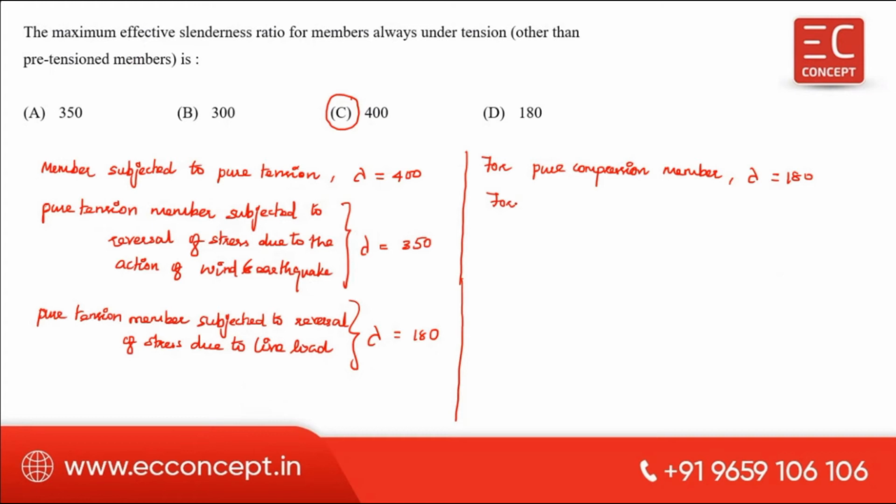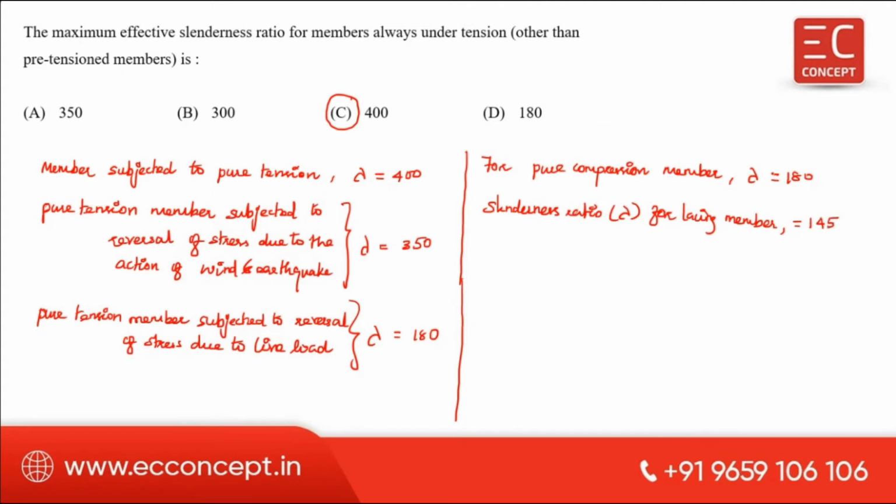For lacing member, slenderness ratio lambda for lacing member is lambda is equal to 145.